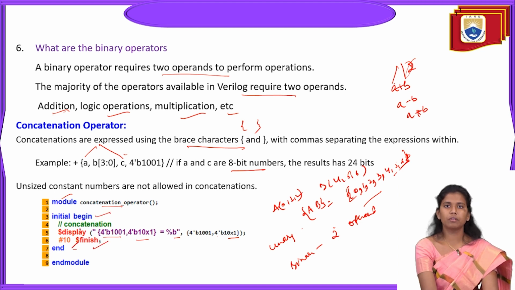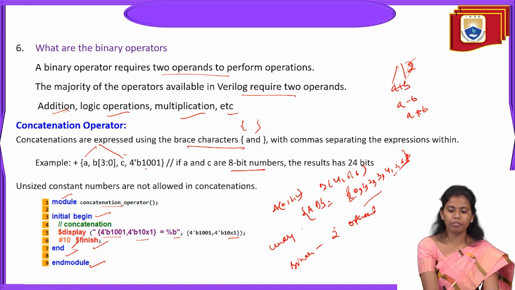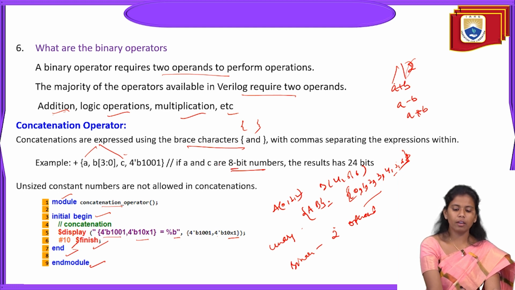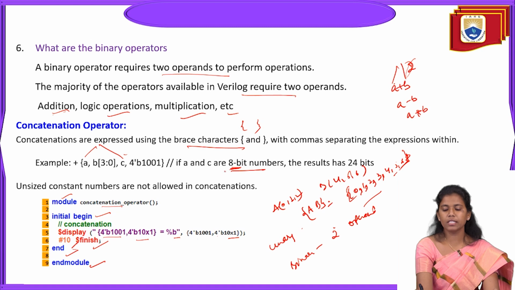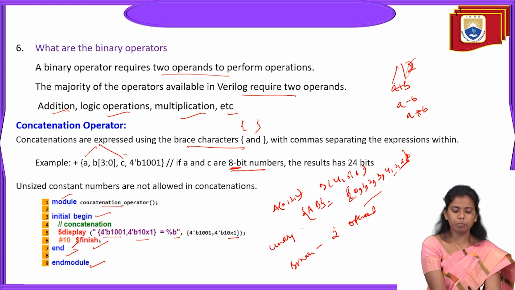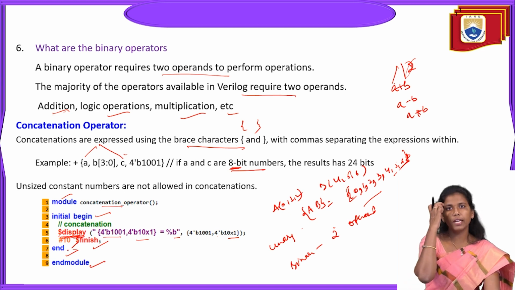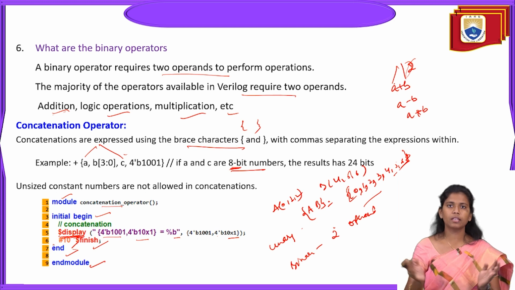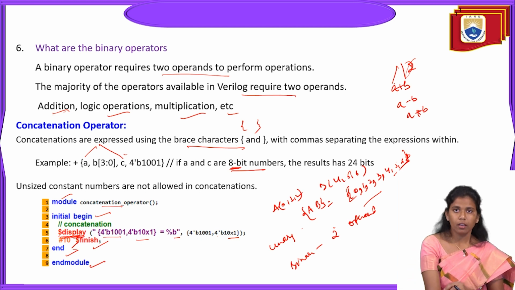So from this example, I'm just concatenating A, B, C and D. When I concatenate each of 8 bits, the result I'm going to get is 24 bits. The display in the 5th row means that in the test bench, if you want to see with how much delay the input and output are, or with how much delay the concatenation takes place, then you have to write the display in the code.